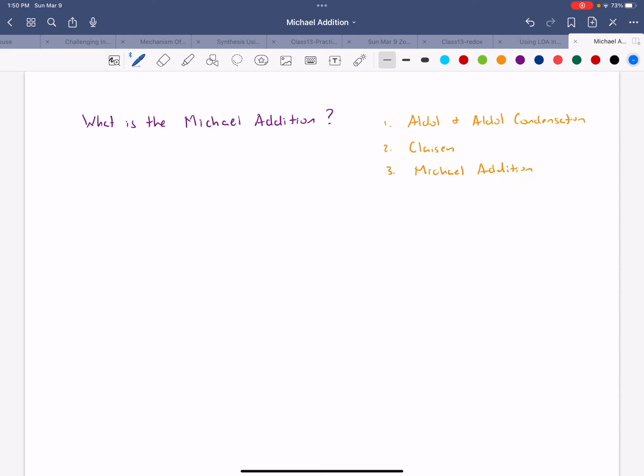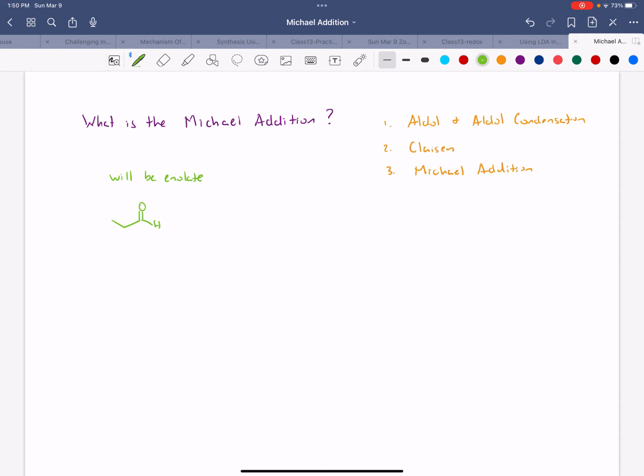To recognize the Michael addition, you need two things. You need a molecule that can form the enolate. So you need partner A, which will be the enolate. So stuff like this, aldehydes.